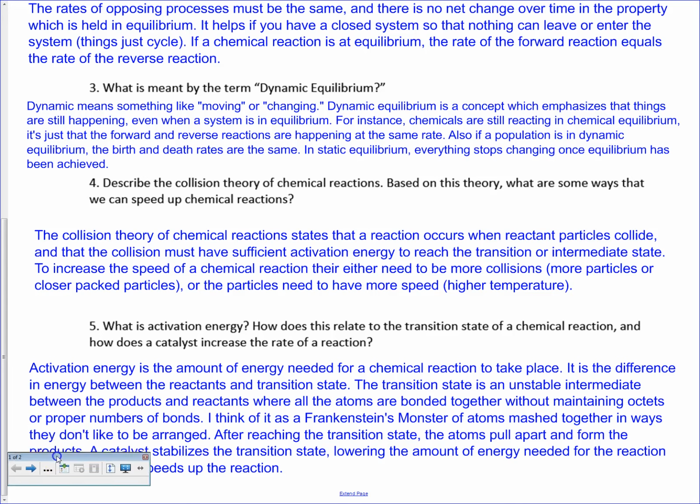So going on down here, talking about activation energy. Activation energy is the energy you need to reach that transition state. If you don't reach that amount of energy, the reaction isn't going to take place.